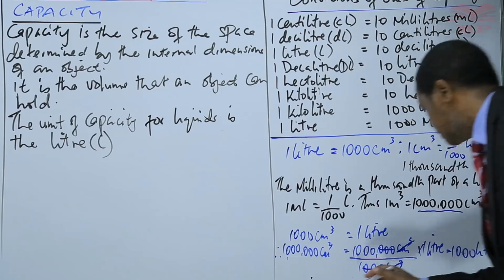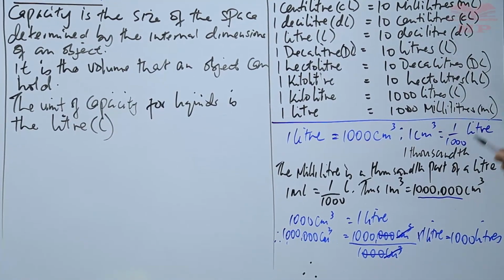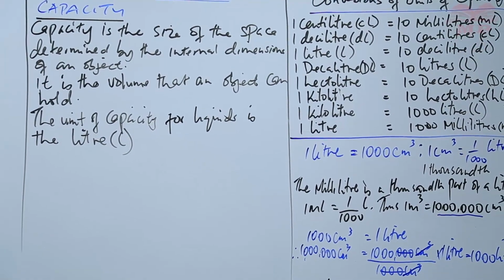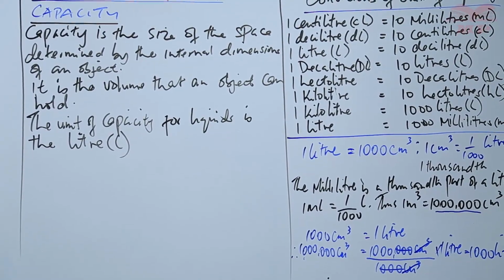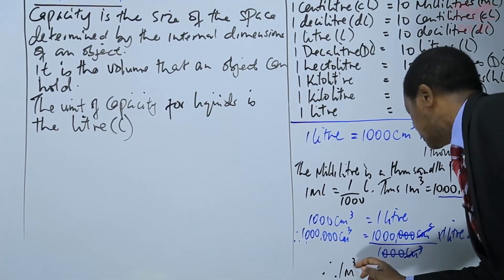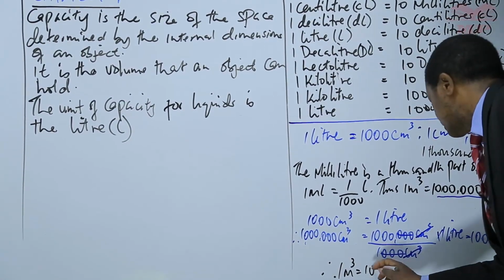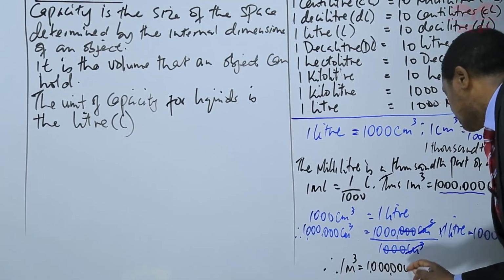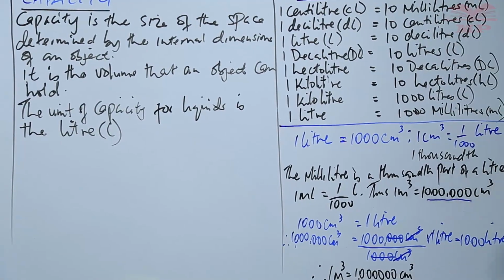You said here that 1 cubic meter is equal to 1 million cubic centimeters.